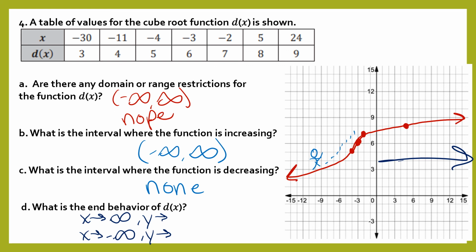Are they getting bigger or smaller? They're getting bigger. So the y's are going up, so those are going to positive infinity. And as x gets smaller and smaller, what are the y's doing? They're decreasing, so they're going to negative infinity. Good.